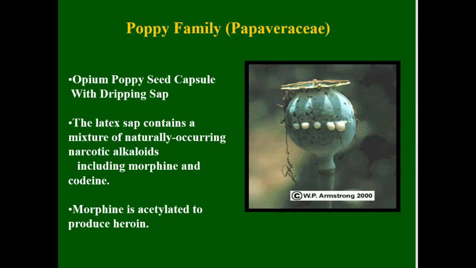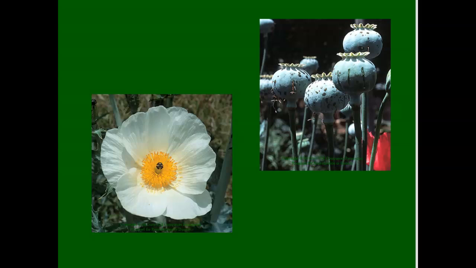Then they'll come back again and basically scrape the dried sap off. That's what raw opium is. Again, this is all done by hand. It takes millions and millions of poppies to make a quantity of this material.